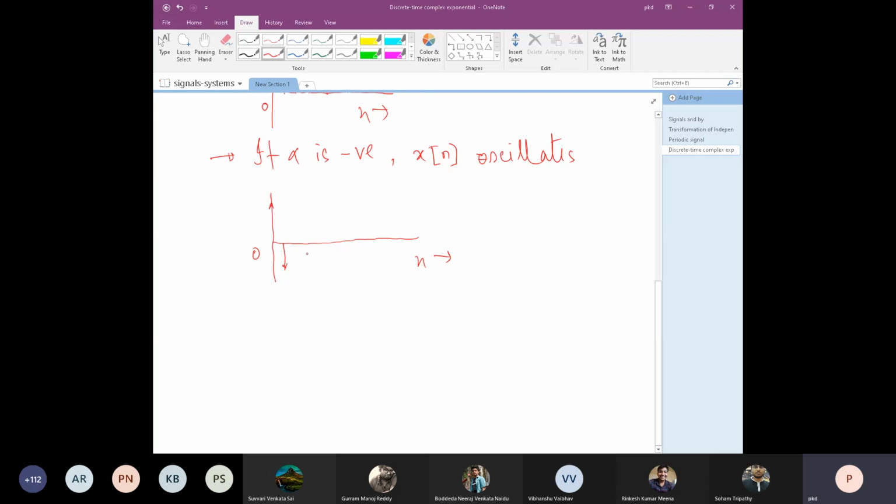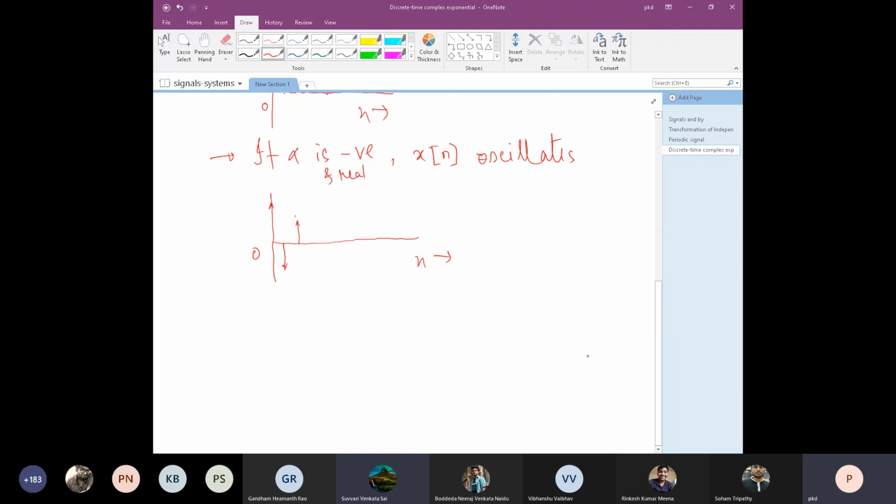Sir, you said that alpha is a complex number. No, here alpha is a real number. Alpha is real, but alpha is negative. You took alpha to be e power beta, so how can alpha be negative if it is an exponential?